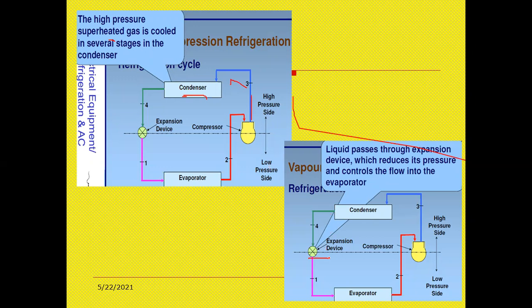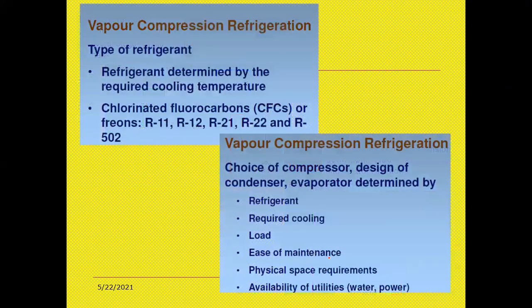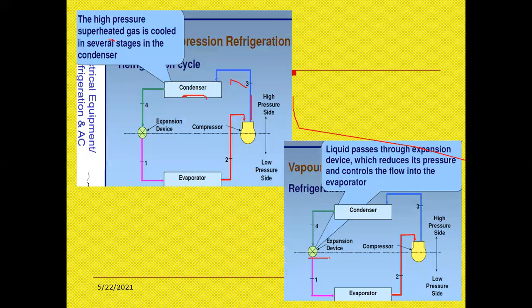So these are the 4 cycles used for this vapor compression system.